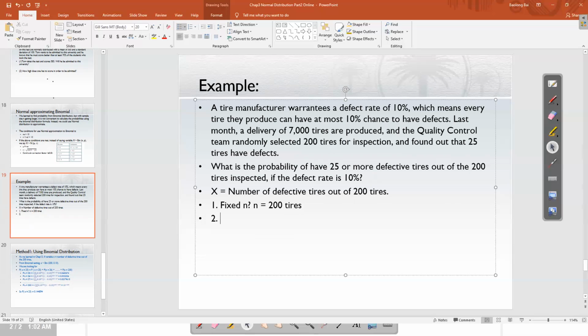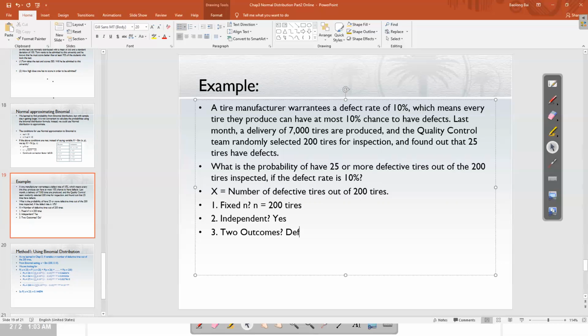Second, are the n observations independent? Will one tire being defective or not affect another tire if all the tires are randomly selected? They shouldn't affect each other, so they're independent. Number 3, does every observation have 2 possible outcomes? For every tire, after you inspect it, do we have 2 possible outcomes?